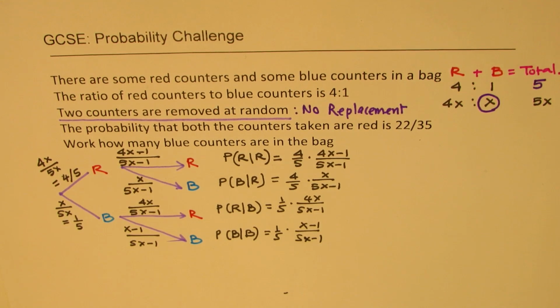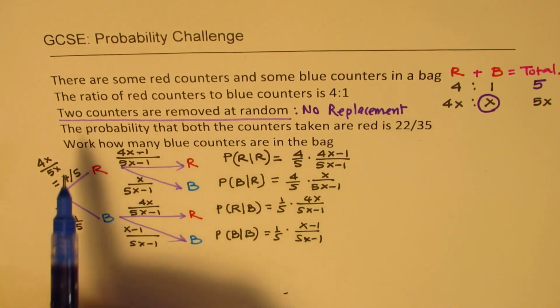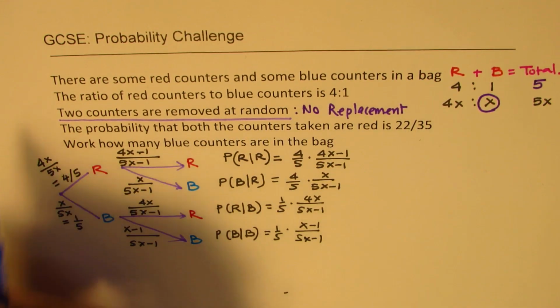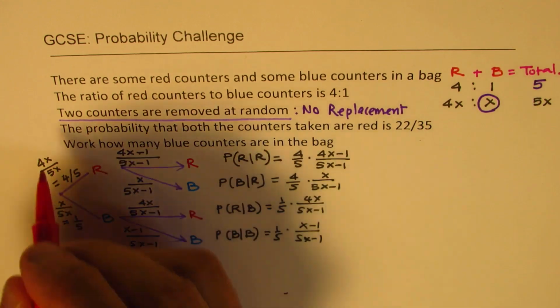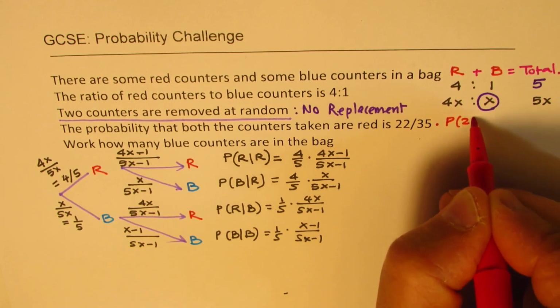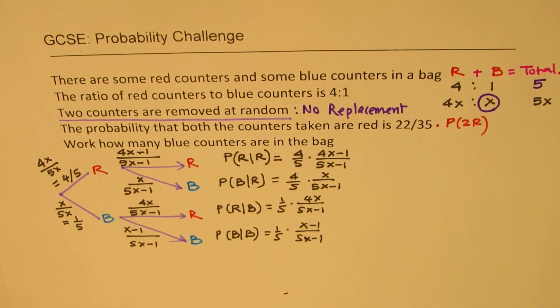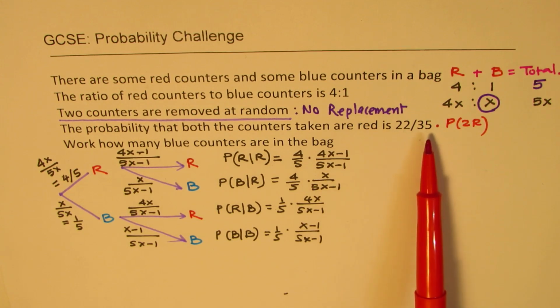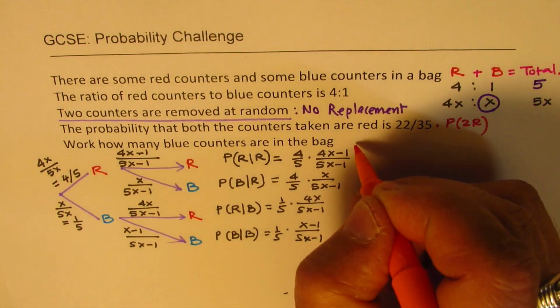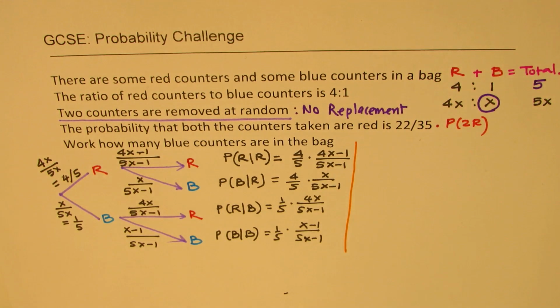Now let's look into the last part of this question, which is that the probability that both counters taken are red is 22 by 35. So that means we are given here two reds, right? So the probability of two reds, both are red, is how much? Is 22 by 35. That should give us a condition to solve. Does it make sense to you, right? So that is a very helpful statement, and it tells you what to do now and how to find our x value, correct?